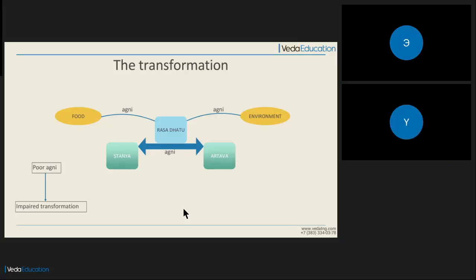When we say environmental factors have an influence on Vata and Kapha, or for that matter Rasadhatu, it is through our perception. So the kind of things that we indulge in, the kind of activities we do, it could be the sound, it could be the touch, it could be the exposure to sun or wind, heat or cold, all of these things.